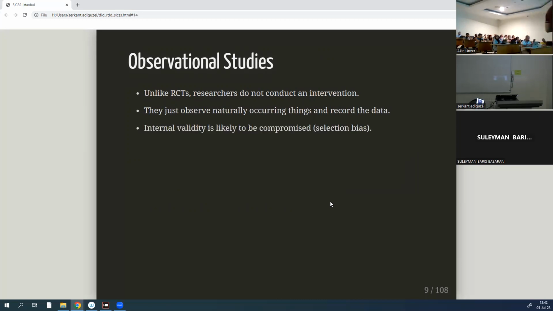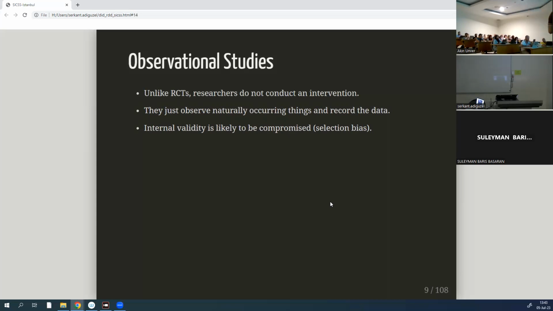All right. So in this case, internal validity is more likely to be compromised, meaning that you cannot simply compare control and treatment groups. Why? Because people or units are going to self-select themselves into groups. For instance, the United States is a democracy not just out of sheer luck or some divine randomization assignment, right? The US is a democracy for whatever reasons.